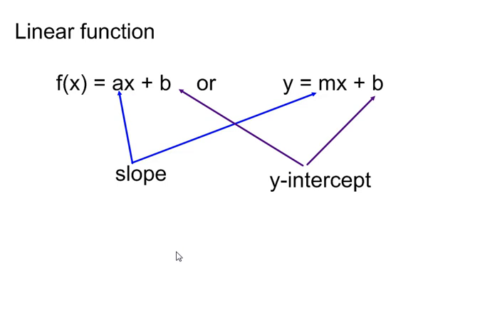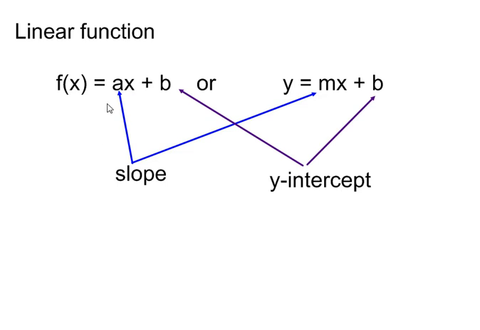Next thing we're going to talk about, and what we're going to focus on in part 1, is what is a linear function. Again, this should be totally reviewed from Algebra 1 and Algebra 2. Two different ways to write it. The one on the right is probably the way we learned it back in Algebra 1. y equals mx plus b, where m is our slope and b is our y-intercept.